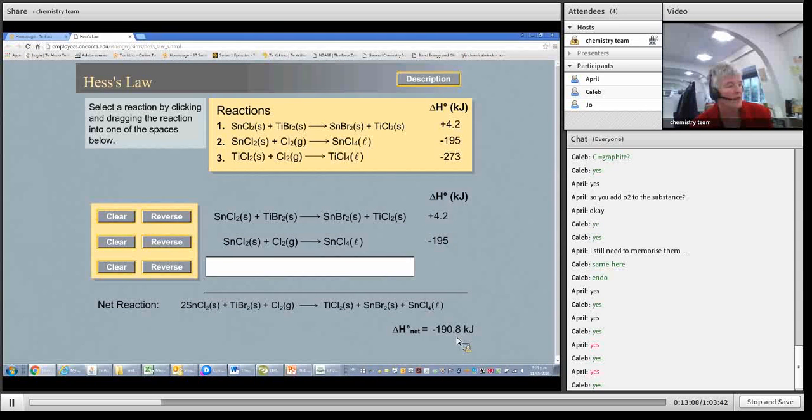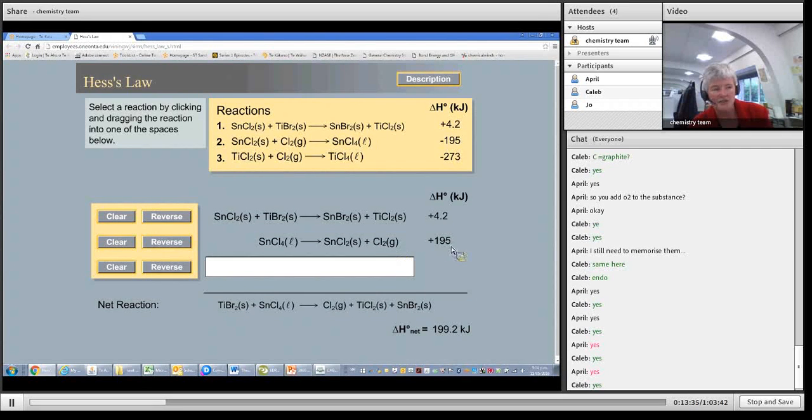Okay? Right, if I reverse this equation, look at what happens. You've got tin dichloride on this side, and tin tetrachloride on the products, and I've got a negative reaction. If I change this around, now the tin tetrachloride's on the left-hand side, and my chlorine and tin dichloride are on the right.